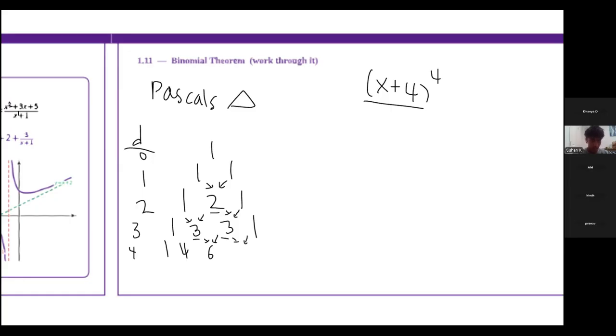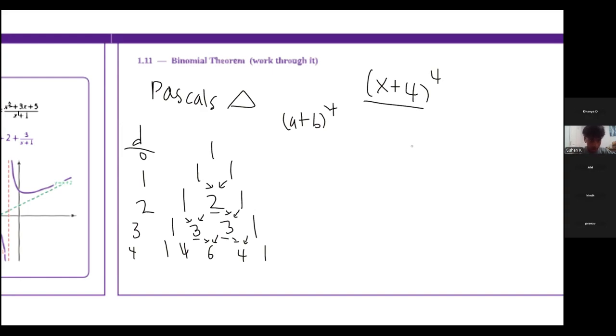And then again, can't forget we have to add 1 on the outside. So these are going to be our coefficients for x plus 4 to the fourth, or anything in the form of a plus b, which is any two numbers or variables to the fourth.